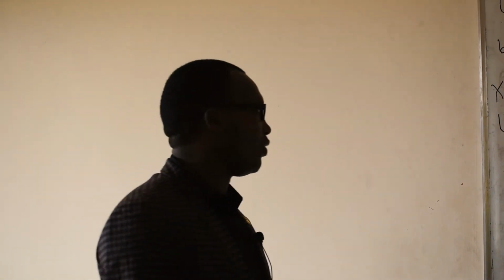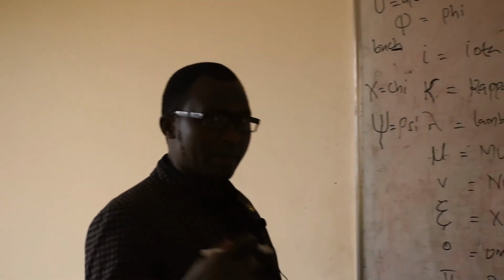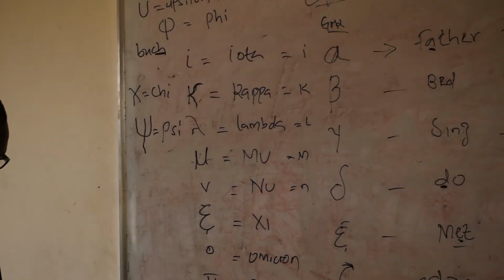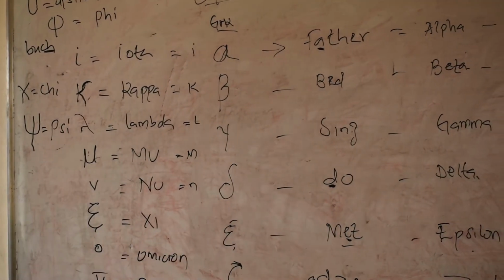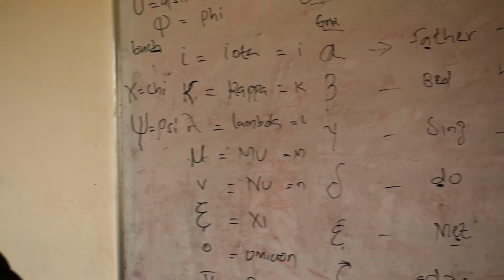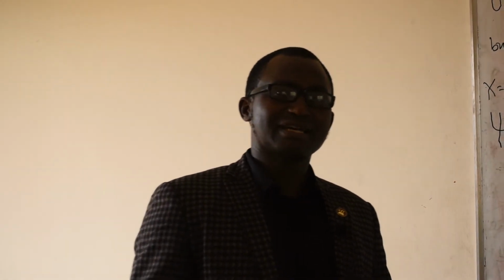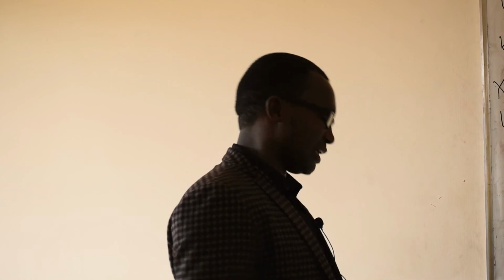That is how it is pronounced. You better do it practically on your own time, and you will be able to get it better. Why am I putting emphasis here? I'm not wasting time. We are going to read the Bible text from its original language, which is Greek. You must pronounce these words.